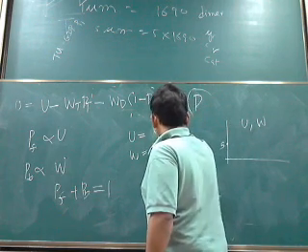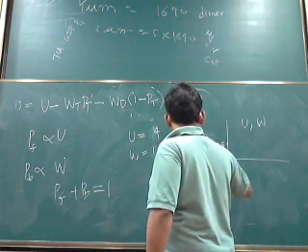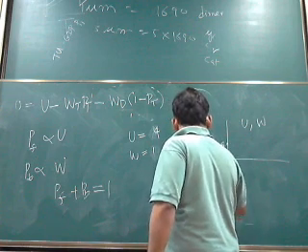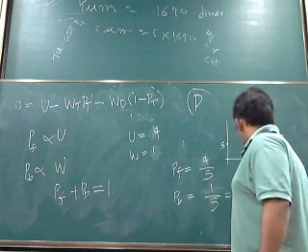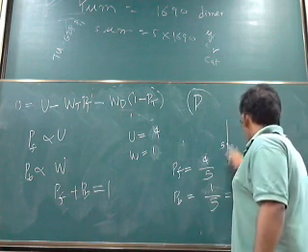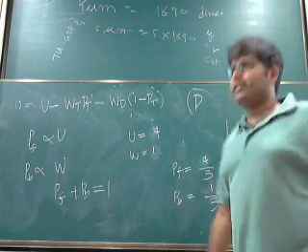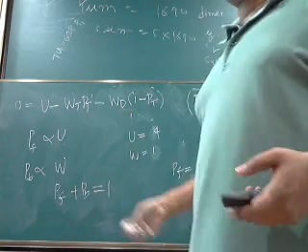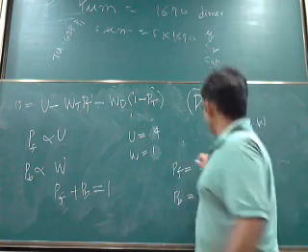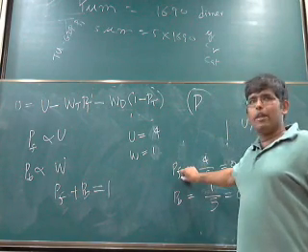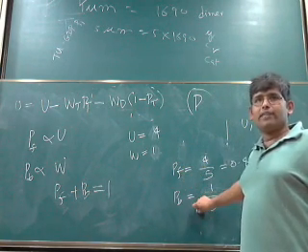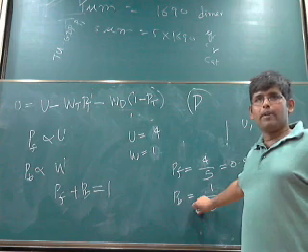So PF is 4 by 5, which is 0.8, and PB is 1 by 5, which is 0.2. What does this tell us? This tells us that 80% of the time polymerization will happen, and 20% of the time depolymerization will happen.